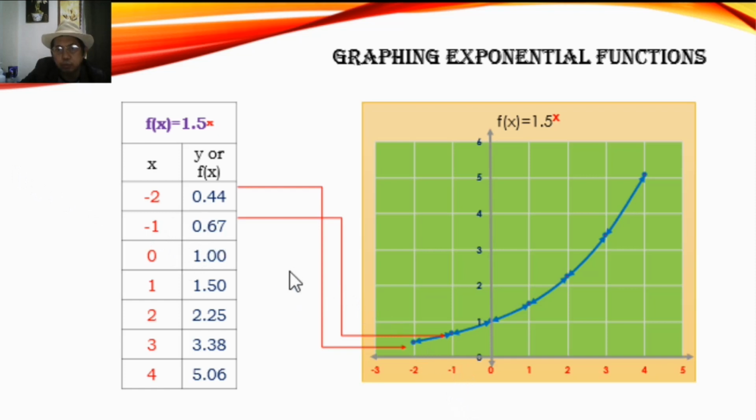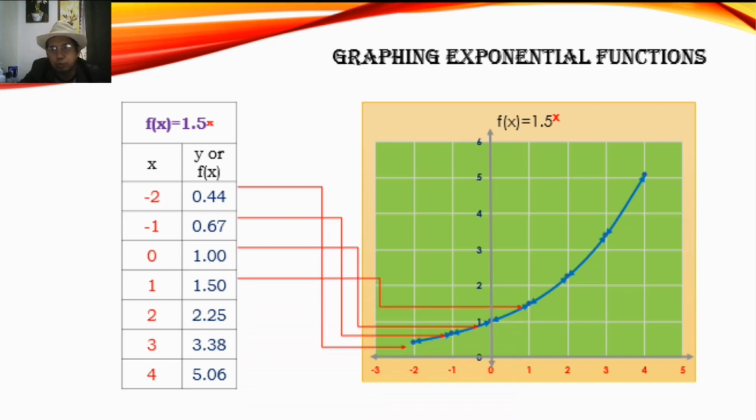My y would be 0.67. So as you can see, the point is located here. Next, if I have 0 and 1, you will notice the location of the point is here. Meaning to say, this is already the y-intercept of the function.